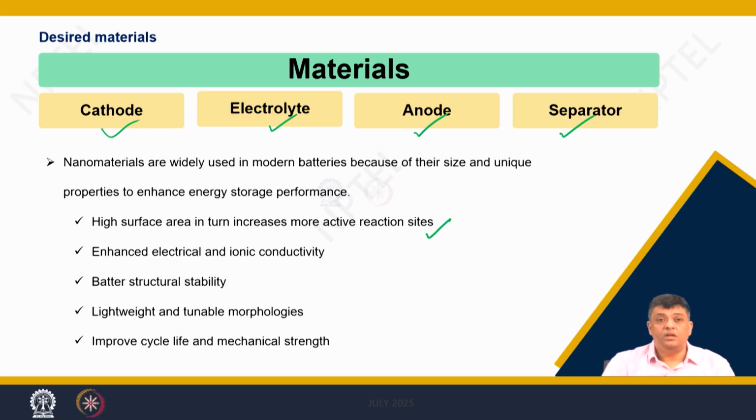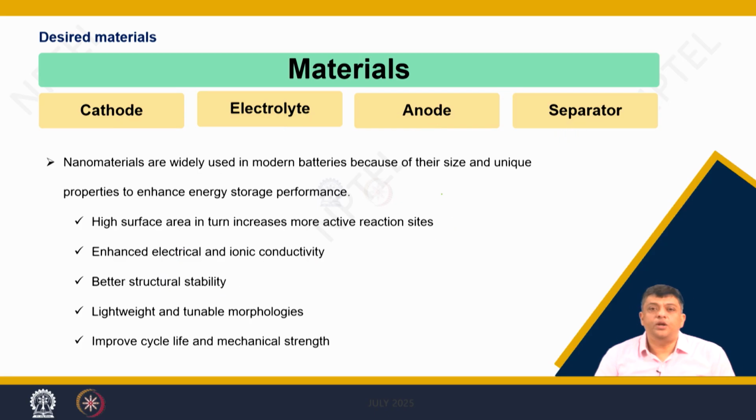You can tune the flow and storage capacity of the ions, and hence you can tune ionic conductivity, as well as by tuning the nano size structure of the materials, you can also tune their electrical conductivity by modulating their confinement as well as band gaps. As we know, nanomaterials are structurally stable, they can sustain high mechanical stress. Hence, what do you get? You get better structural stability.